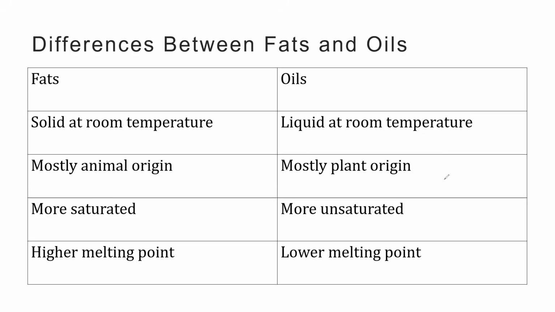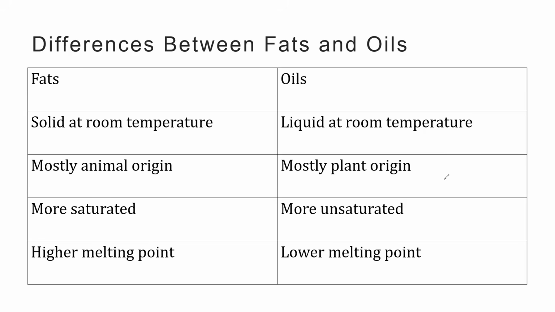Now, if there is a high degree of unsaturation, multiple bonds abound along the hydrocarbon chains of the fatty acid portion of the lipid, we are going to see that it is going to be oil and not fat.